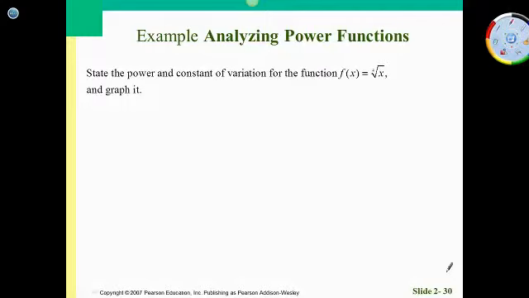Anybody know? X to the 1/4 power. All right, go ahead and put that up on your graphing calculator and tell me what you see.